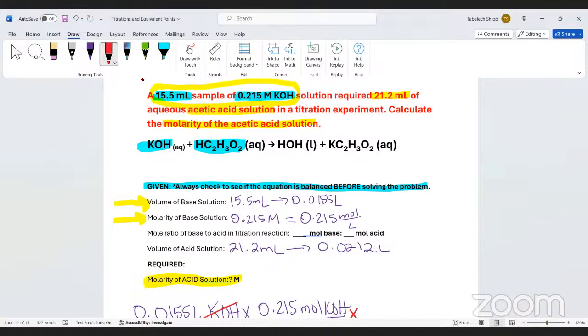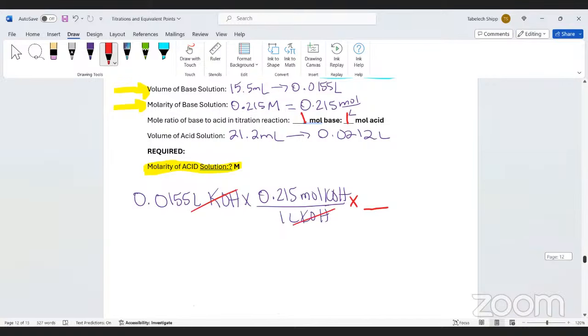Because there's a 1-to-1 ratio, I'm going to put 1 and 1 for my mole to mole ratio for the base and the acid. So that's going to be written in this next spot, okay? I'm going to put 1 mole of acetic acid, and I'm just going to write that out because of the space, and 1 mole of KOH.